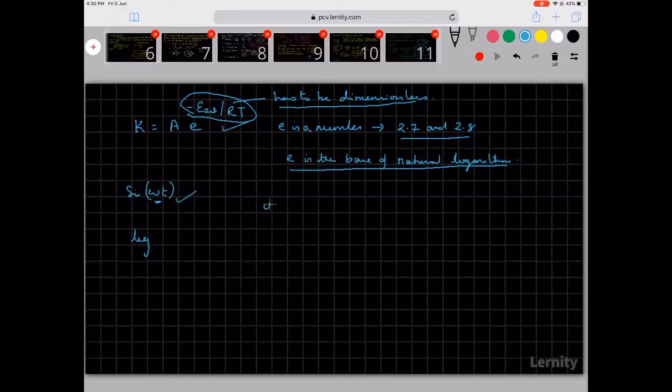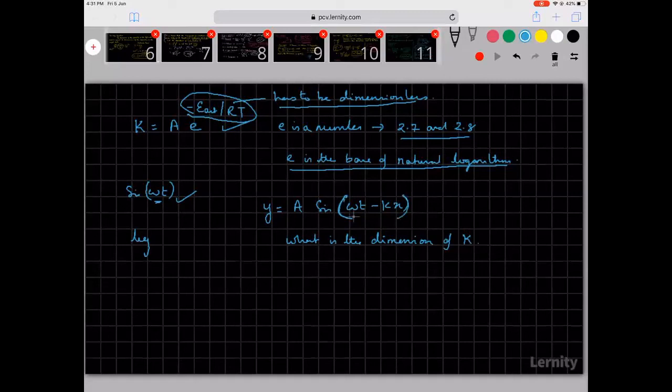So the equation of a wave is y equals a sine(omega t minus kx). Question: what is the dimension of k? Whatever you have within this bracket is dimensionless.